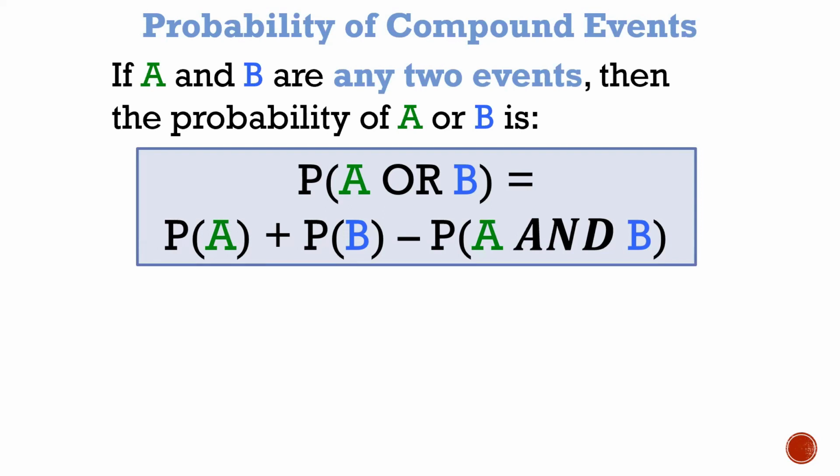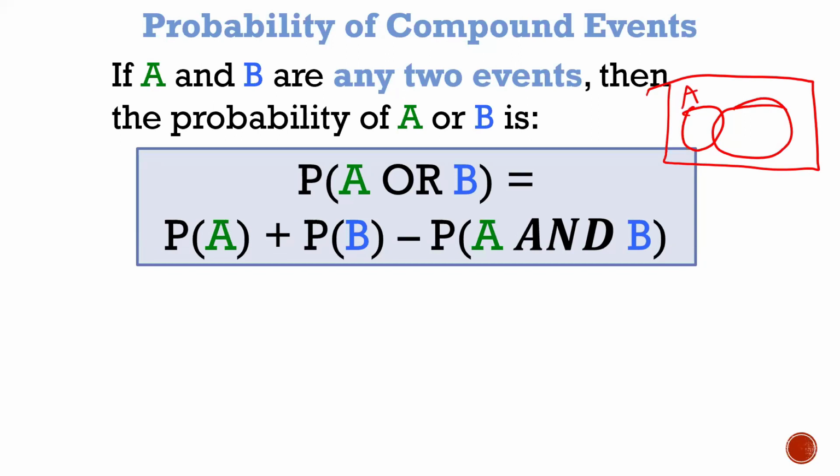What's the intuition here, right? Think about a Venn diagram. This might be event A, this might be event B. I want to find the probability of A or B. So that's anything.